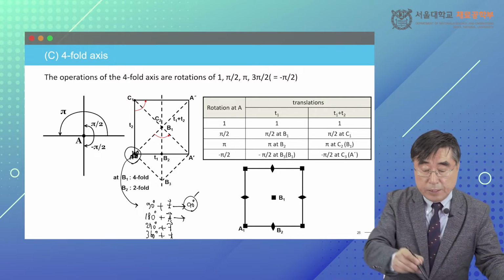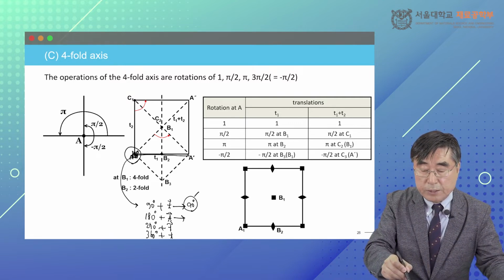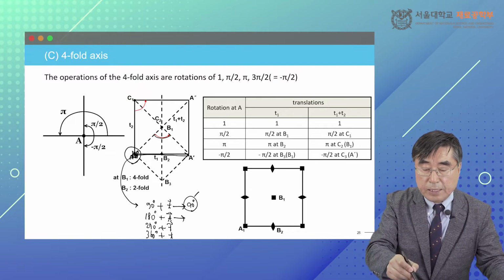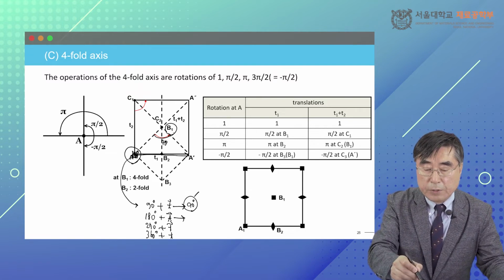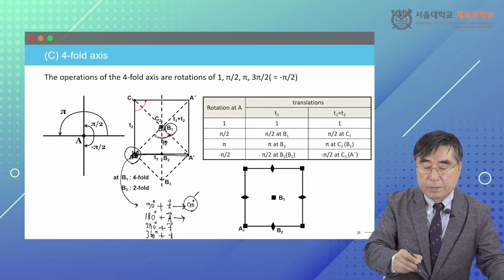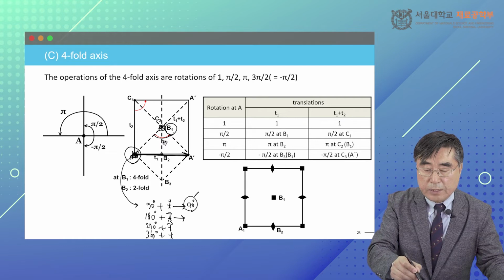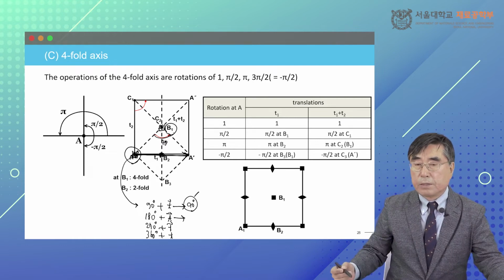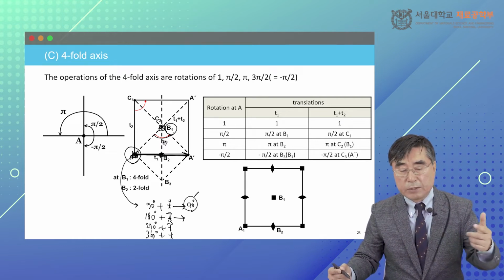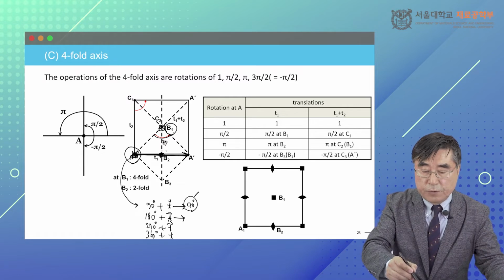Okay, if you do the rotation and translation, there is a 90 degree rotation element at this B1 point. So B1 has fourfold symmetry elements. If you do the 180 degree rotation and translation, it has a point in here, because the rotation angle is 180. So B2 has twofold symmetry elements in there.